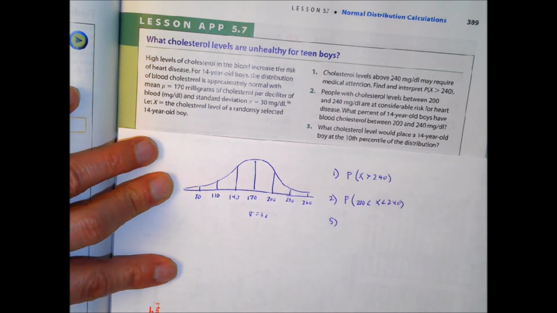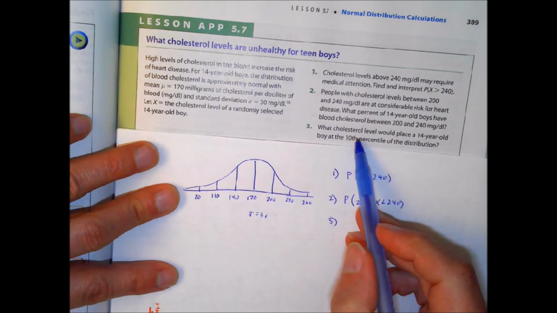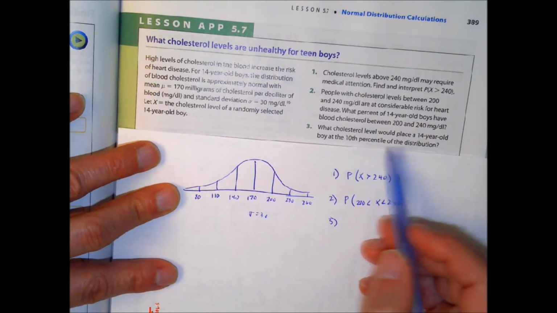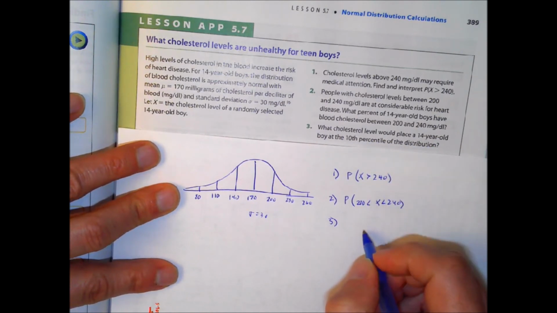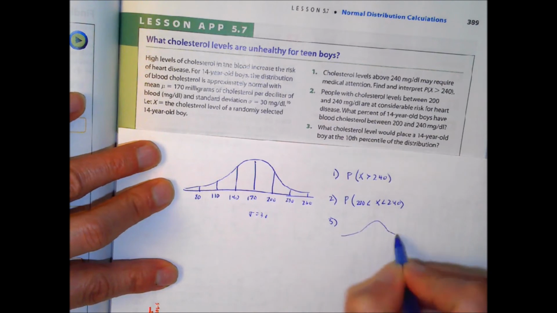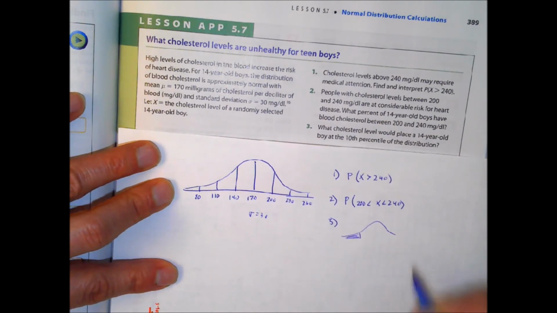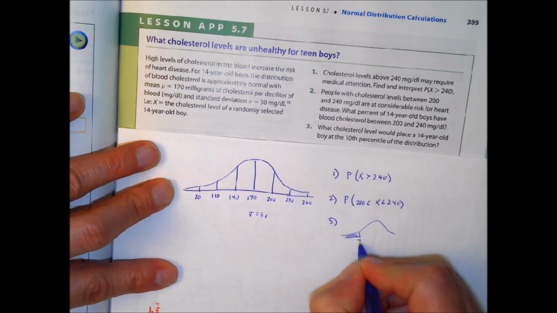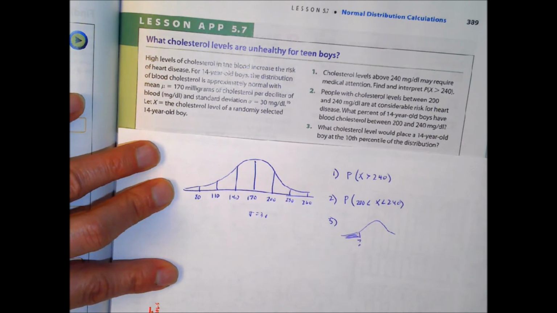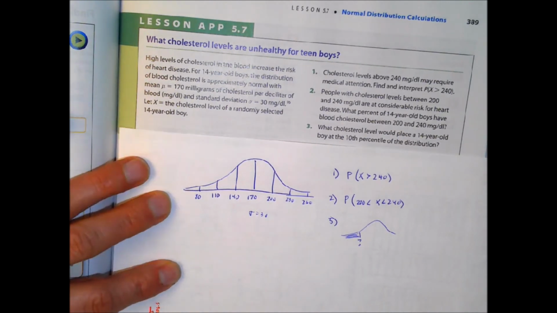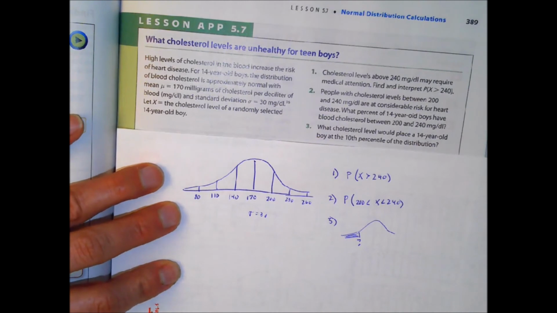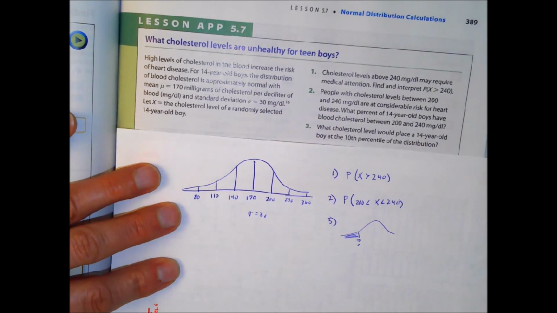And then part number 3, what cholesterol level would place a 14-year-old in the 10th percentile of the distribution? So we want to know that number right there. Okay, so we're going to go to Desmos and work those 3 things out. So copy those down and make sure you have those.